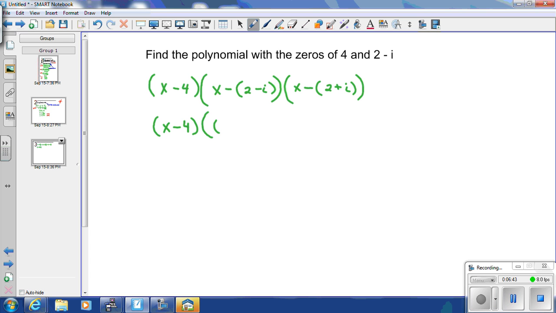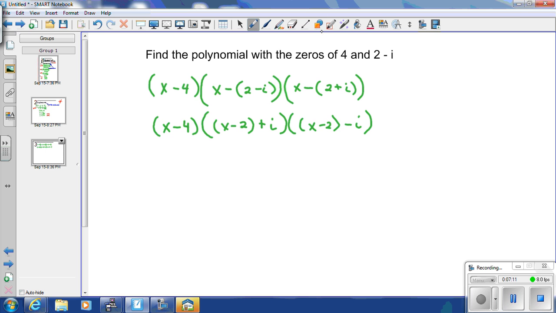So I'm going to change this to say x minus 2, close the parentheses, and then what would that have been? That would have been a plus i. Do the same thing over here for a very good reason I'll show you in a moment. So I'm going to distribute and then regroup. So it's going to be x minus 2 minus i.